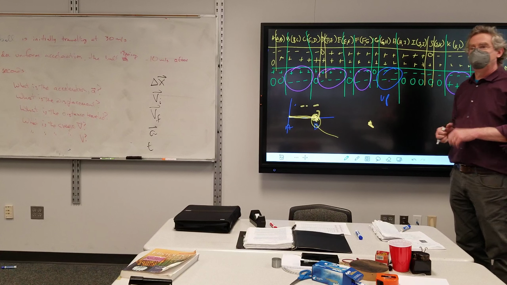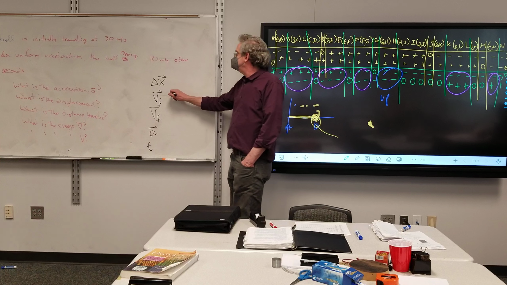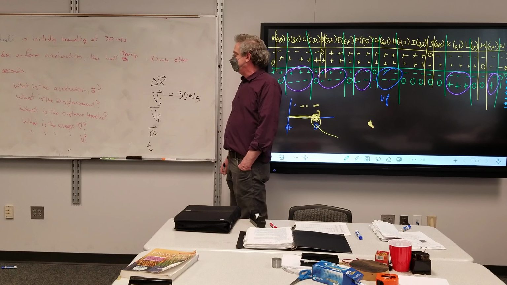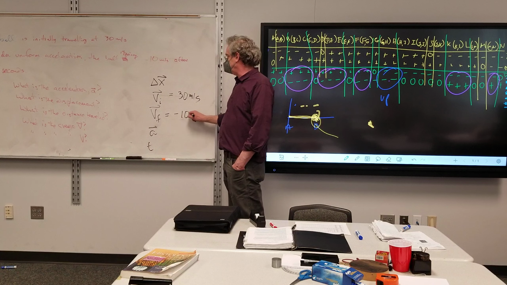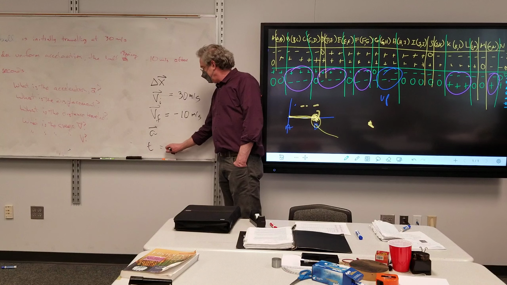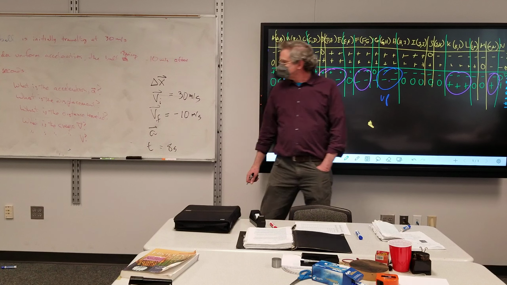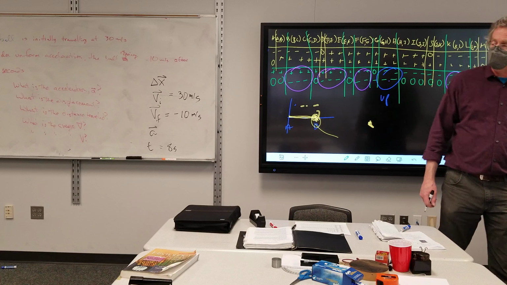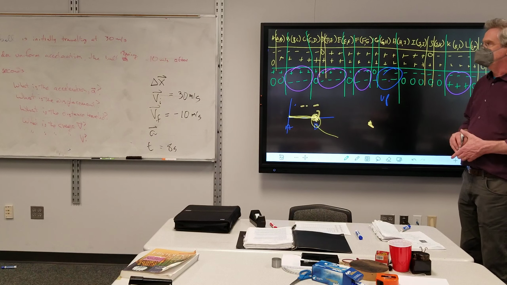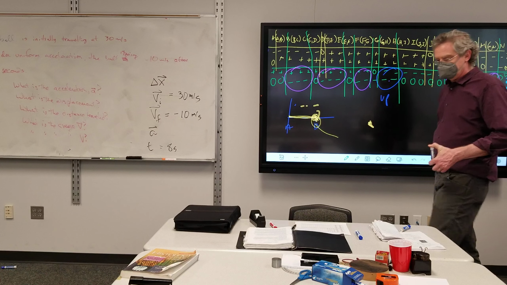The initial velocity, 30 meters per second. What else do we know? The final, negative 10 meters per second. And time, 8 seconds. So I've got 3 of them, I can find the other 2. So acceleration and displacement, simple enough.